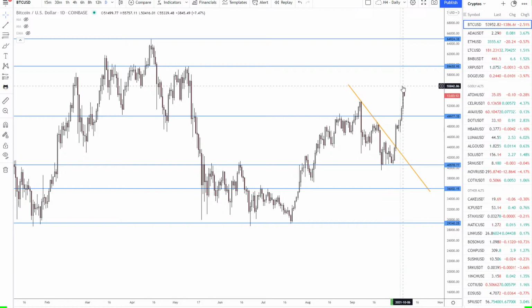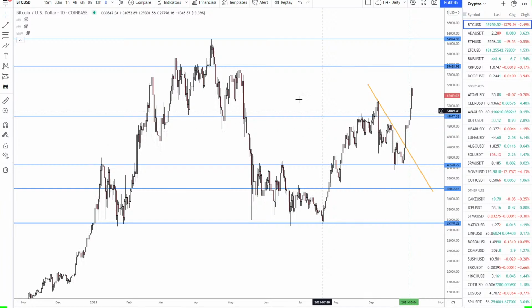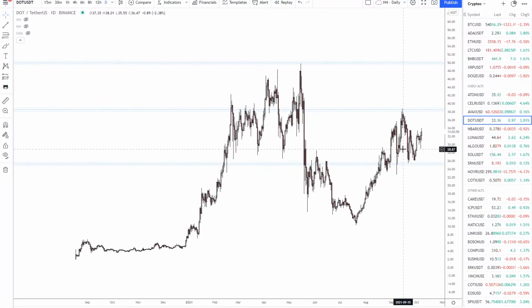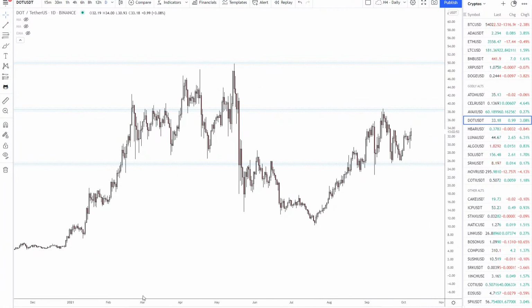And now yesterday, it finally broke through that high. It looks like Bitcoin might be climbing back to all-time highs. And if that happens, these altcoins are going to go absolutely crazy. I'm talking about just absurd potential gains on altcoins.